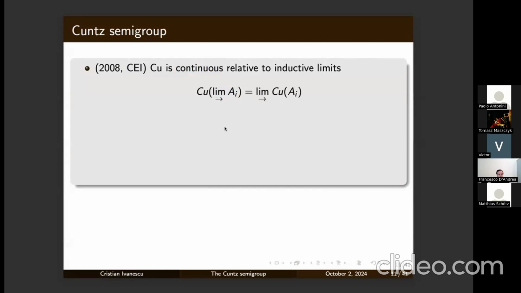And like I said, in the classification program, most of the time, the algebras we have are inductive limits. So having this property is very, very useful. Now, in contrast, the classical Cuntz semigroup is not continuous. In fact, you can see this already with the algebra of compact operators.